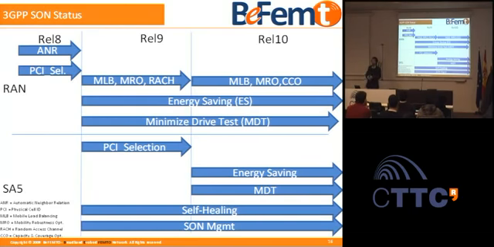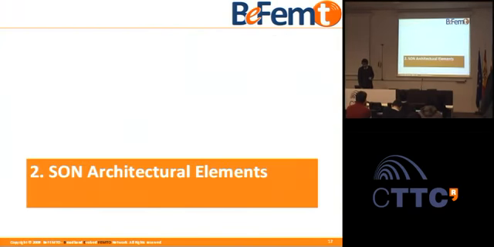You have the mobility robustness optimization, the random access channel optimization, self-healing, energy savings, and minimizing drive tests, MDT. We'll talk about this as well. 3GPP has also come up with an abbreviation for that. So you have loads of different issues which arise whilst you plan, install, and run your network, and this is essentially covered in these releases.